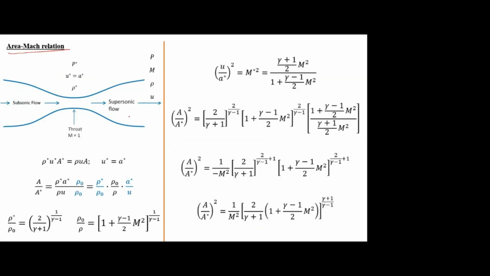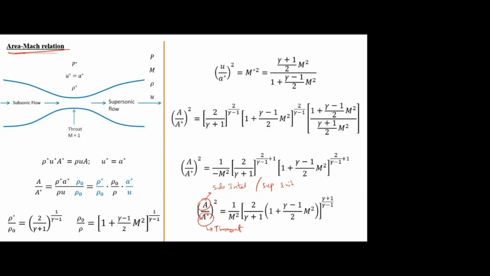Okay. So for the area-Mach number relation, we are relating A star and A. Okay, A star, you know, corresponds to the throat section, and this A can be the subsonic inlet or supersonic exit. Okay, here in this equation two areas are involved: simply A, and another one is A star.